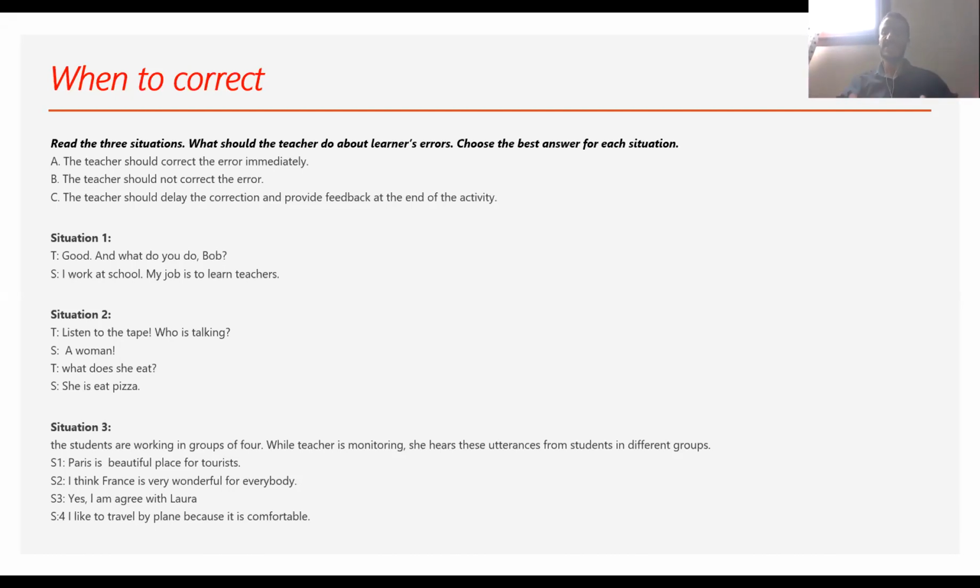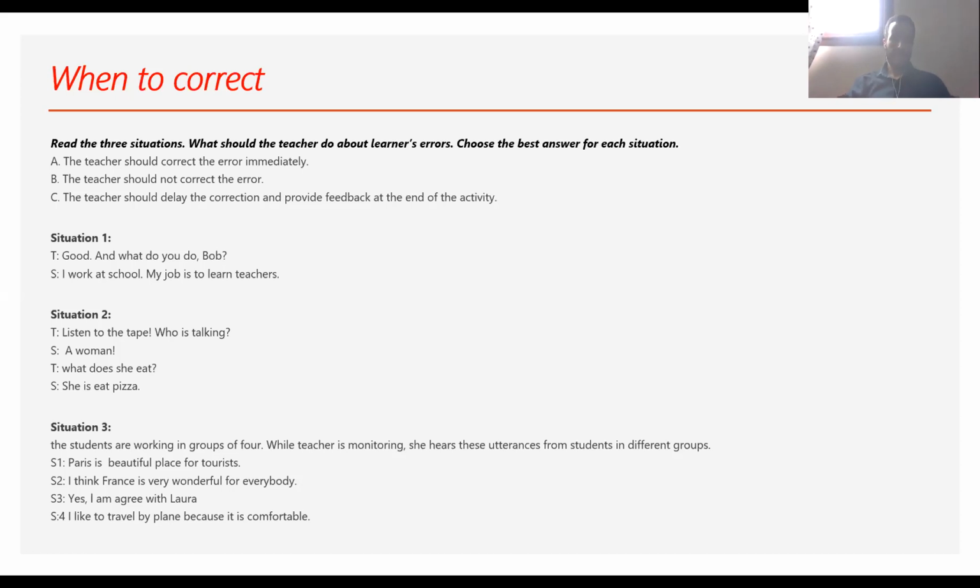Because the errors that students made are not breaking down communication. You see my point? Till the end, then you can discuss the three, but interrupting during the speaking activity is not the right time. That's why Olga's students didn't like the way she was corrected by her teacher.